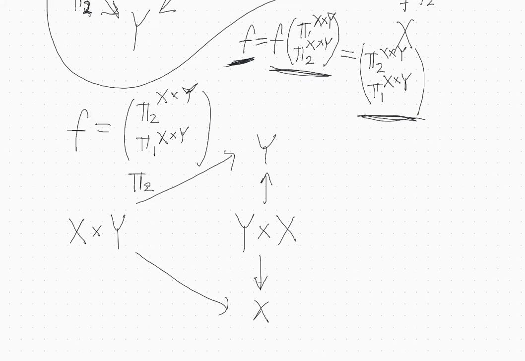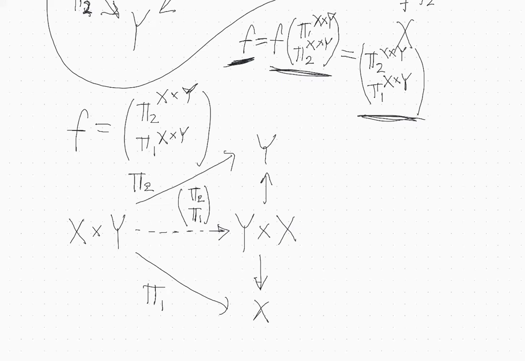So this pair gives me a unique morphism here, which is the one that we denote by column pi 2, pi 1. And I'm now not putting those superscripts anymore, just to make the notation a bit lighter. So we have a candidate for f.